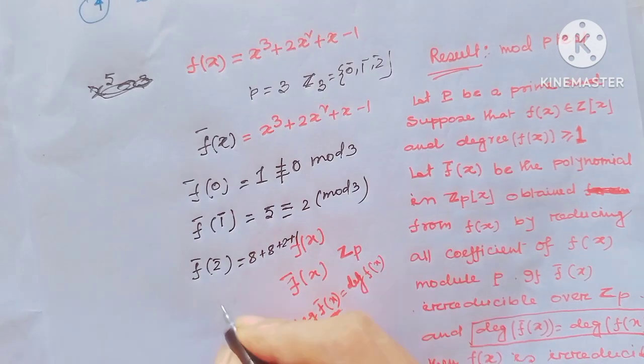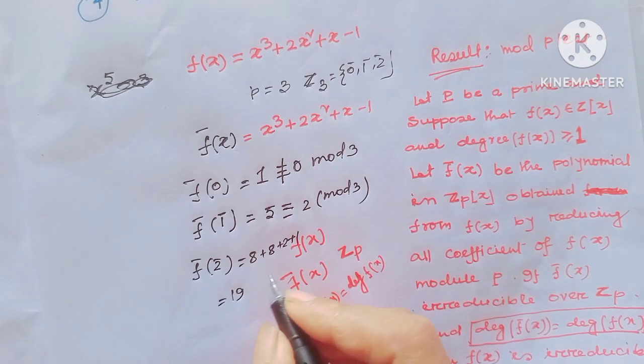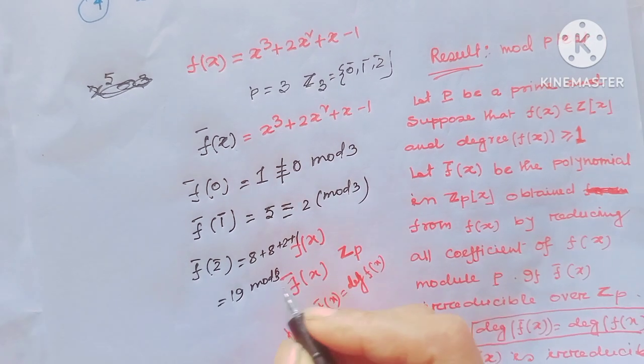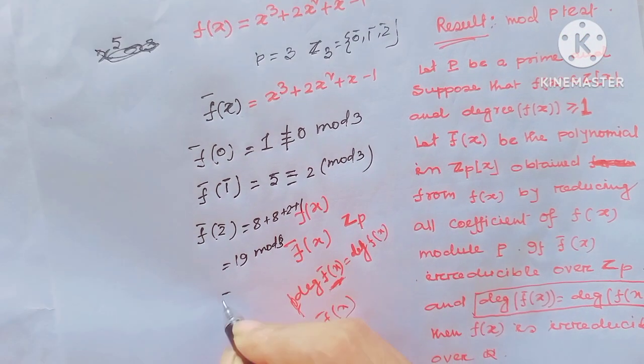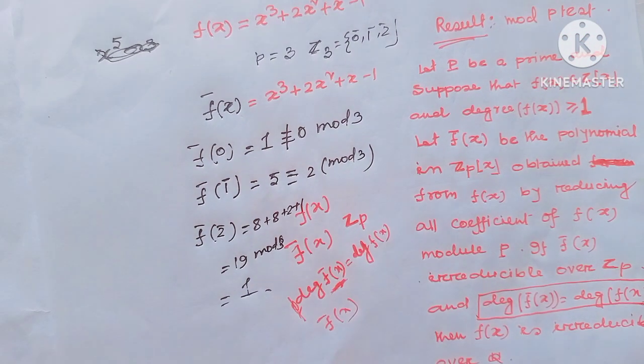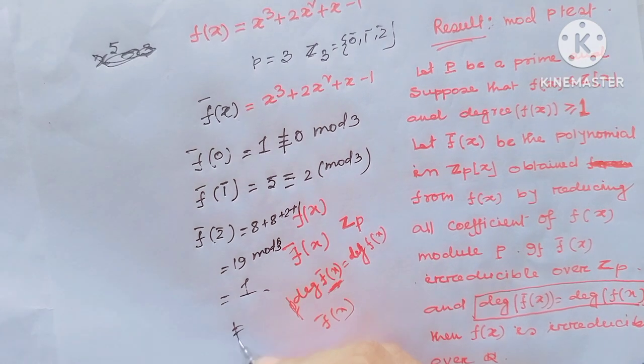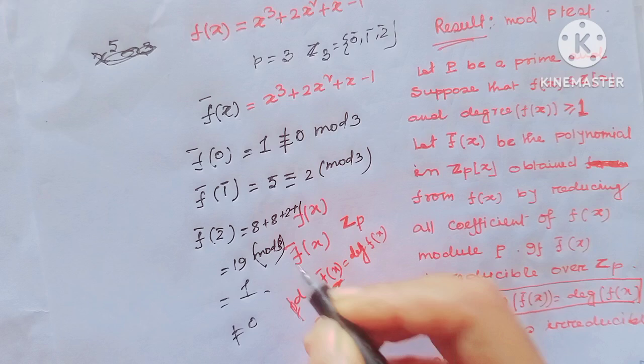This is equal to 19, and 19 in modulo 3 would be 1. This is also not equal to 0 in modulo 3.